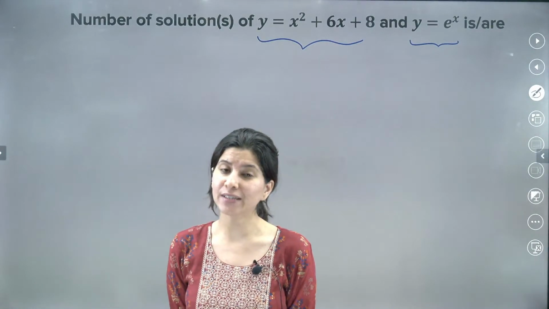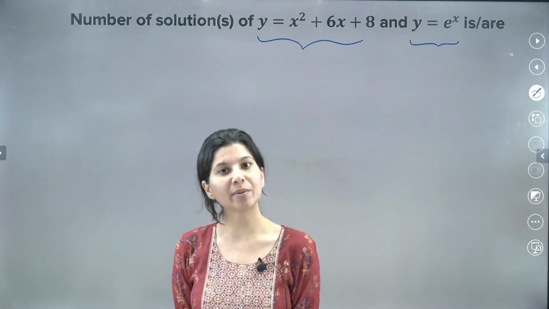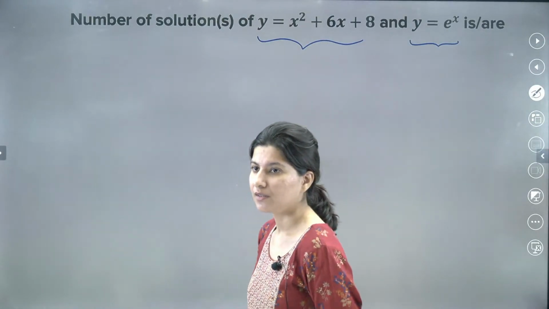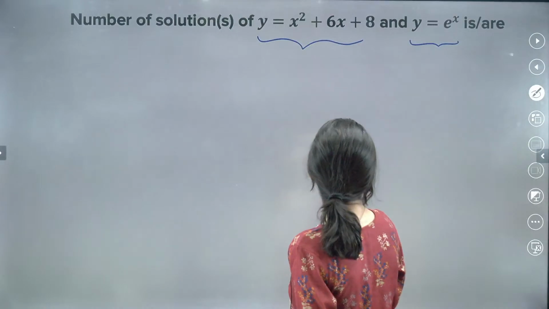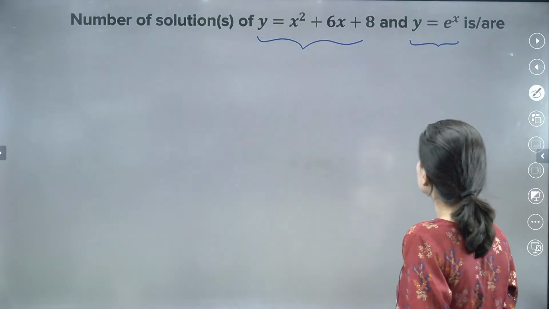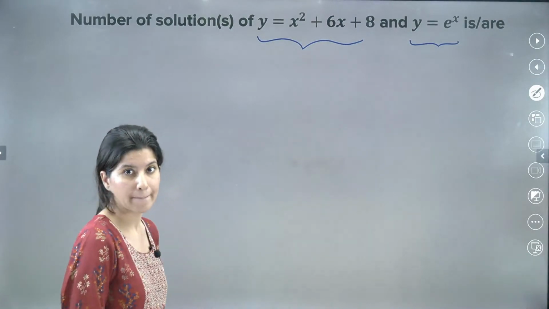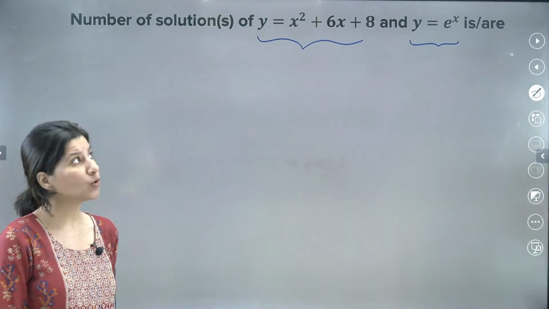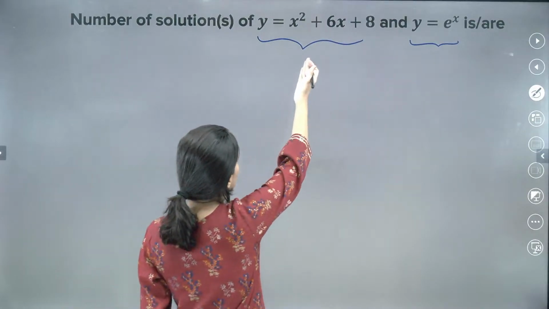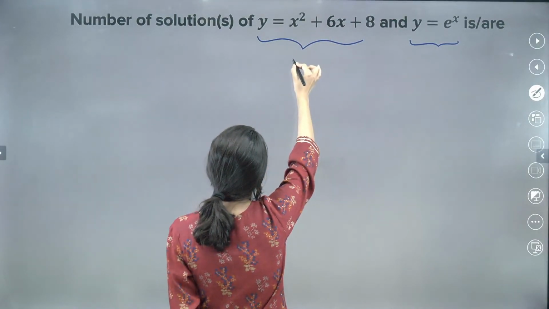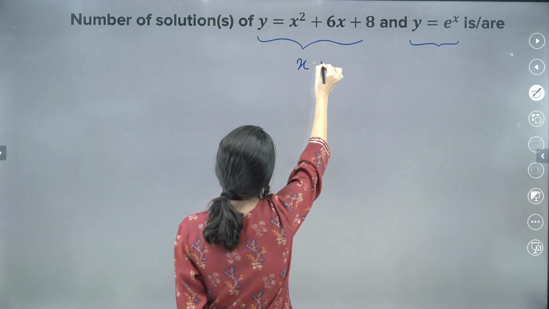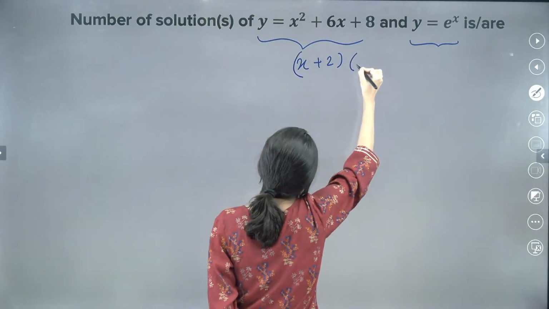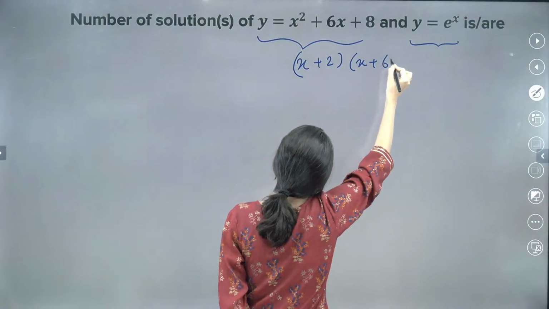And if you are in 11th class now, then this will be more beneficial for you. So x square plus 6x plus 8, correct? How to plot this curve? First of all, to plot this curve, we don't need anything special. Can I just do this? x plus 2 and x plus 4. Is that fine?